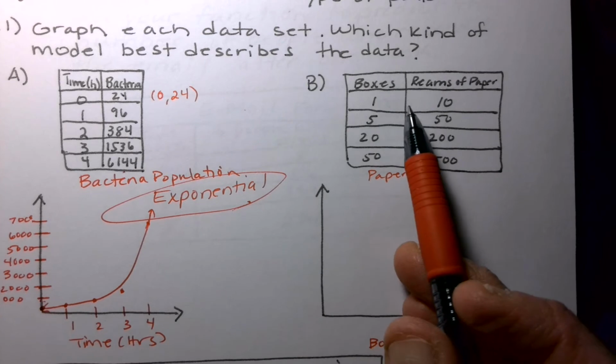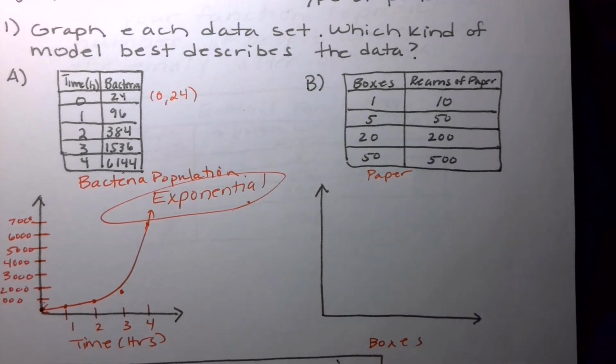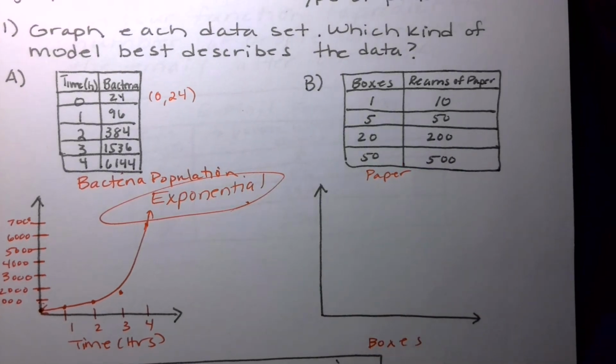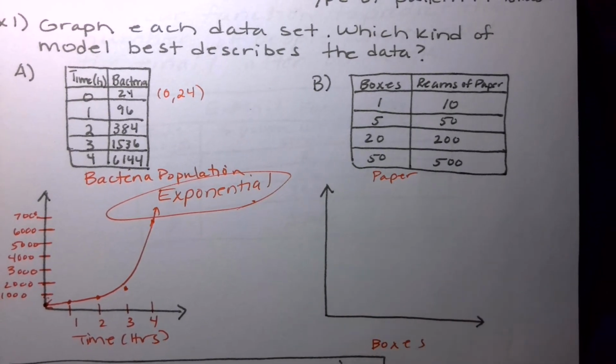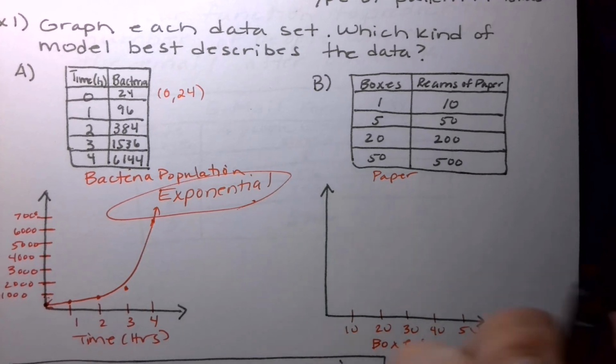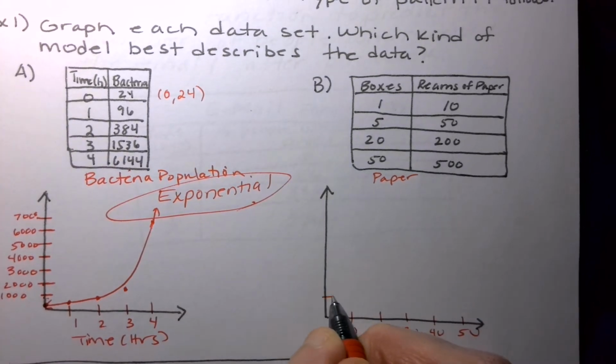And here, boxes and reams of paper. What do you guys think? I'm not going to tell you because I want you to think. But the boxes go up to 50, so I'm just going to go by tens. And the reams of paper go up to 500, so I'll go by hundreds.